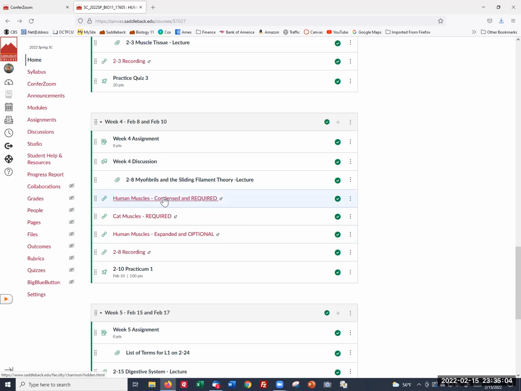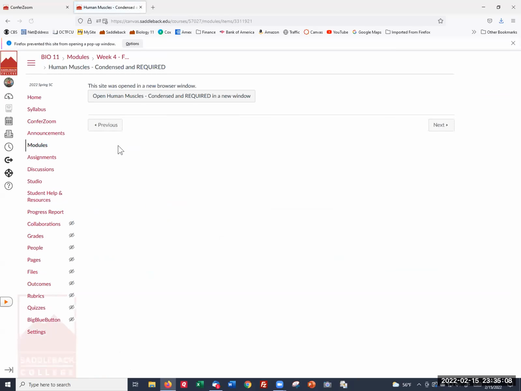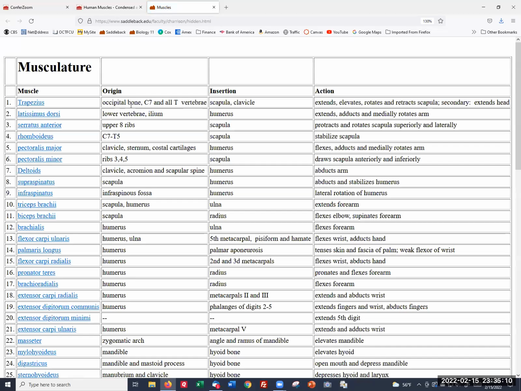Okay, let's look at this first one, human muscles. Okay, we have to open it here. Okay, this says musculature when we get to it, but you know you came in through human muscles. And so here's the list.